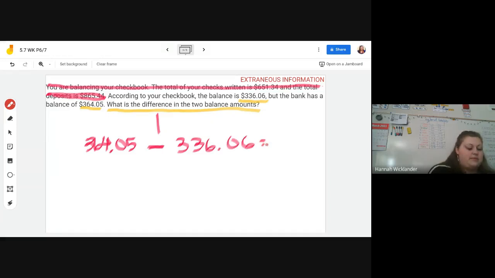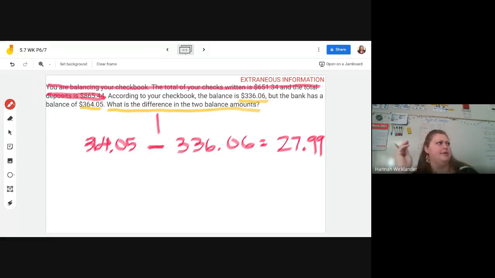I plug those into my calculator and I get 27.99. That's all I had to do to solve. They throw in these extra numbers to try and confuse you and you don't even really need them. So that is the lesson for today. Now we have 5.7 story problems as your homework.